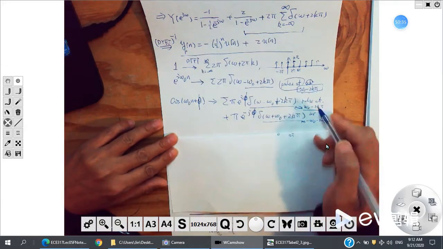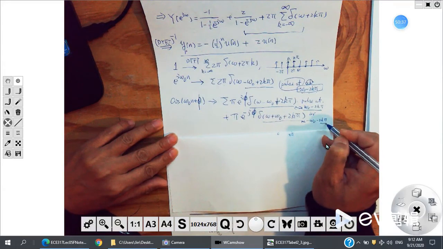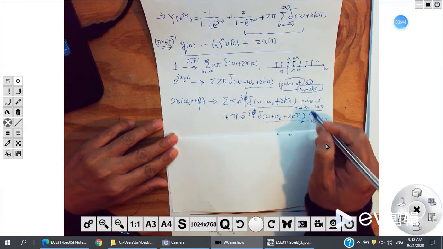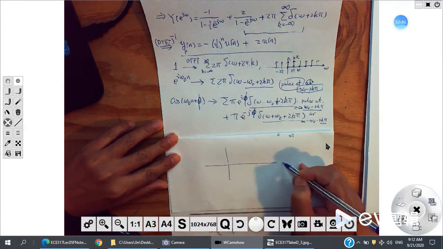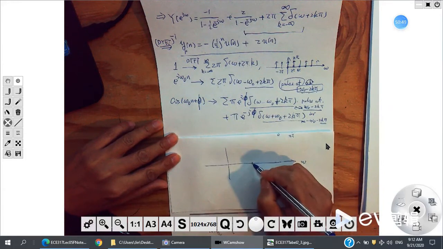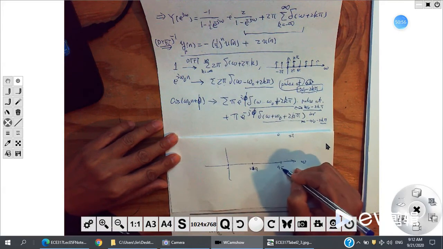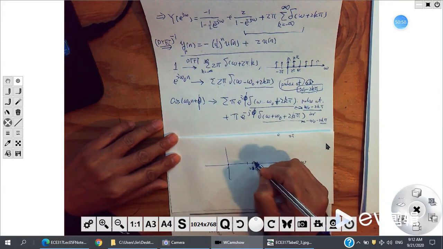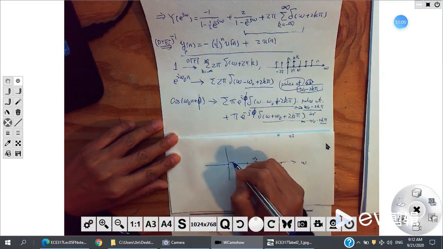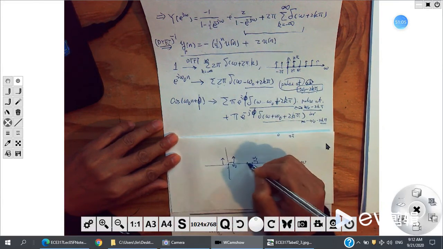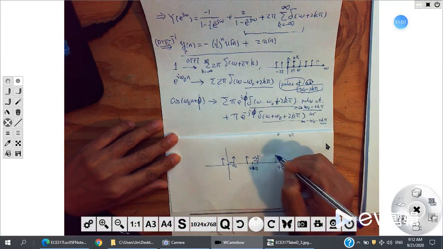So you can think every 2k pi plus omega 0 or minus omega 0, you have 2 impulses. So at 0, 2 pi, then 4 pi, you have omega 0 on each side.